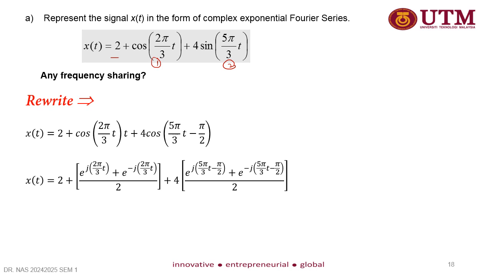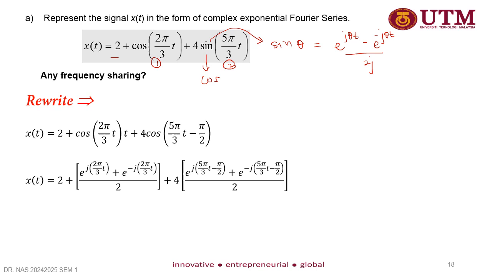I will advise you to convert the sine function into cosine function, so it will be much easier to process later on. Or else you can also convert the sine function straight away into exponential form by using Euler's theorem, in which for sine function, sine theta is equal to e^(j theta) minus e^(-j theta) divided by 2j.